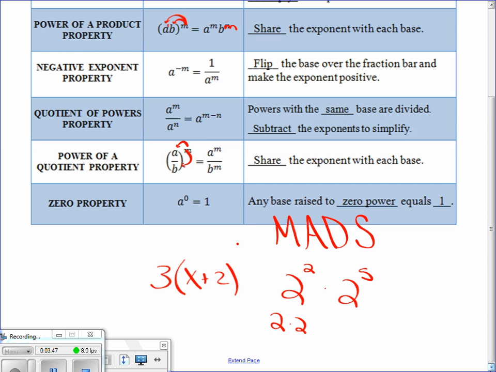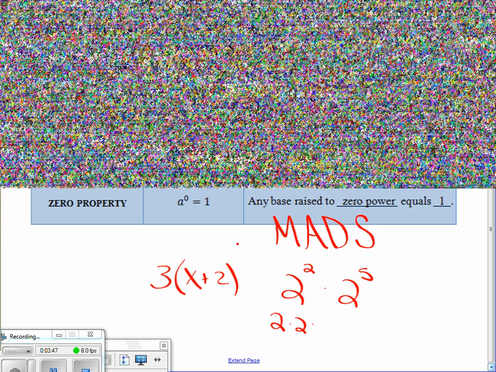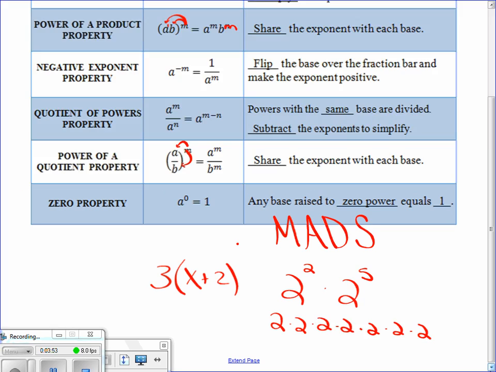And 2 to the 5th means I have 1, 2, 3, 4, 5. How many 2's do you have? You have 7. So you have 2 to the 7th. You're actually just adding these. You don't want to multiply them because I don't have 4 to the 7th. I don't have 7 4's. Right? I have 7 2's. So you keep that common base. It's almost like like terms. You're just going to put them together and keep them together. Does that make sense?